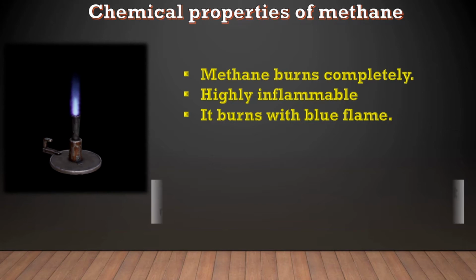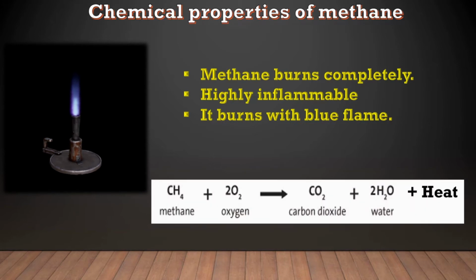The reaction for the same can be written as: one molecule of methane reacts with two molecules of oxygen to give one molecule of carbon dioxide and two molecules of water along with tremendous amount of heat.